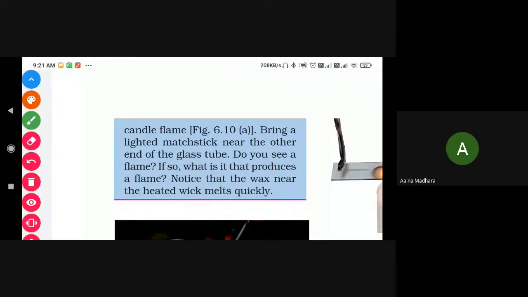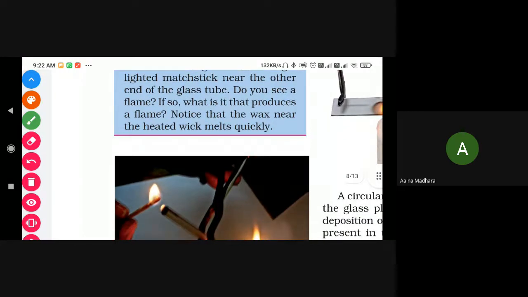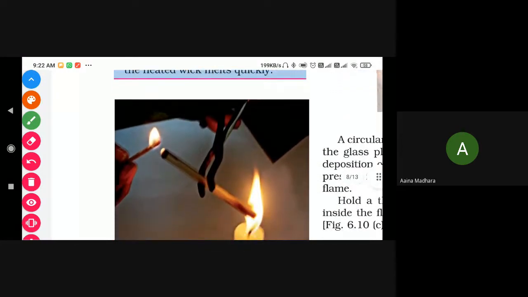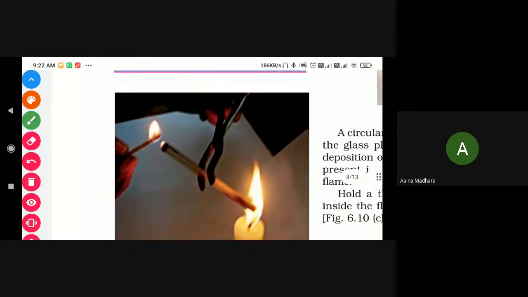The dark zone is the lower part of the candle flame that is not flickering. Then bring a lighted matchstick near the other end of the glass tube, just like it is shown in the figure. There is a picture of a pair of tongs in this figure as well.